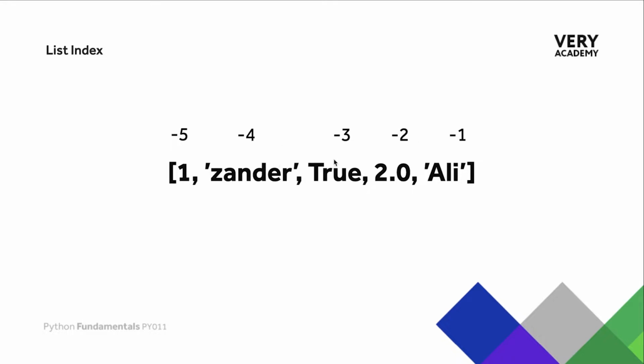Depending on the size of your list will depend on what number the first item in the list will be. Now notice with a negative index, it doesn't start at 0, it starts at -1. We'll see this in action when we move through some different examples.